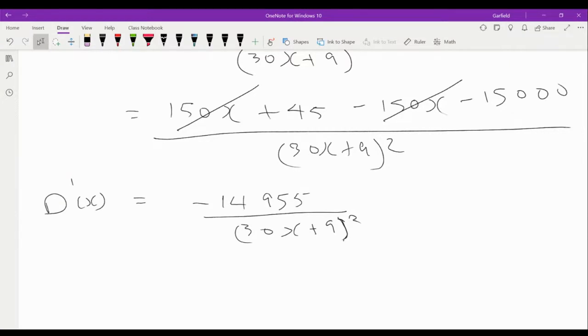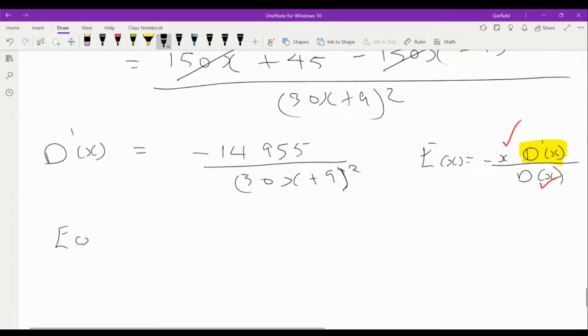So let's go back to the elasticity. Elasticity is equal to negative x times d prime of x over d of x. This is what we just found, so now we can plug that back into the formula.